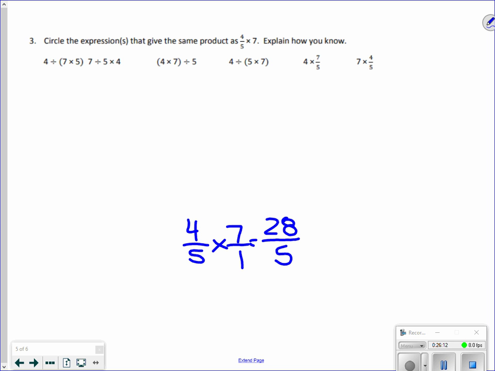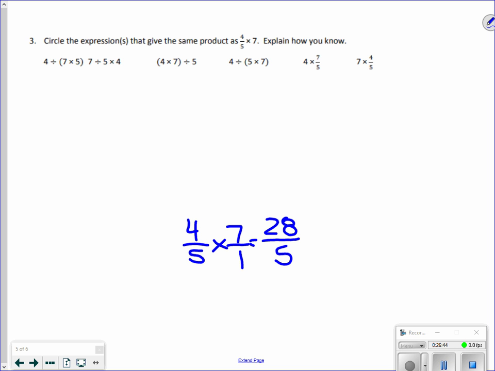So 4/5 times 7, you get 28/5, which, if you want to go ahead and make it mixed, fine. But for right now, I'm going to leave it improper, because it makes it faster to figure out which ones of these will give you the same product.